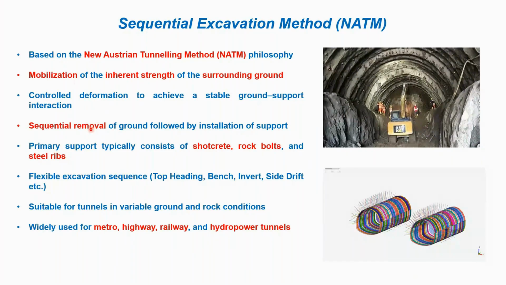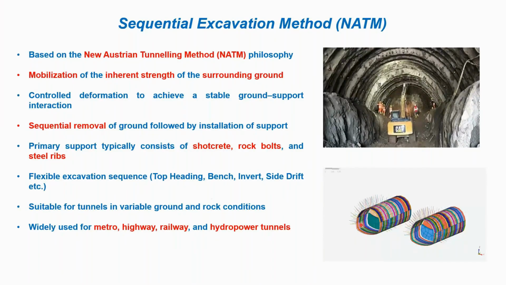In this way, the construction process, as per this approach, is based on sequential excavation. It means a short section of ground is excavated and the support is installed immediately after the excavation. This cycle is repeated until the entire excavation of the tunnel is completed. The primary support systems here involve shotcrete, rock bolts, steel ribs, etc. This method involves a flexible excavation sequence as per the geological conditions.